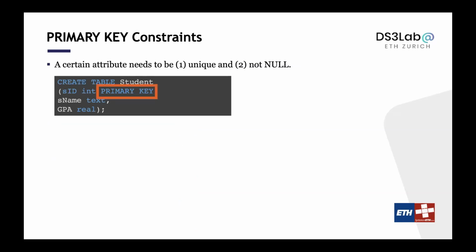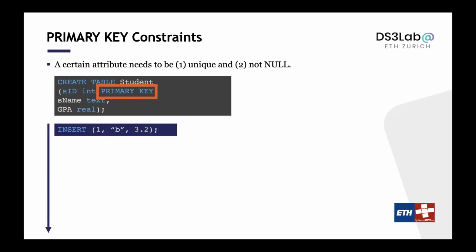Again, for the student table, if you want to say student ID is the primary key, you just write primary key following that attribute. Whenever you do this, you are introducing a constraint saying that whatever you put in this column, SID, needs to be unique and cannot be null.